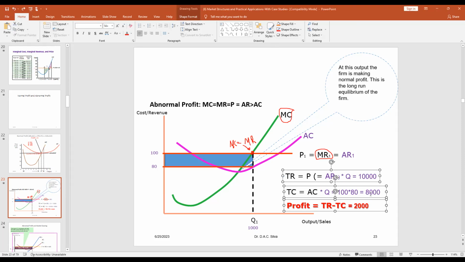This is what we call 100,000. Should be another 0. Sorry, we can increase. This should be another 0, right? Then we have a 20,000 profit. So 20,000 profit. This is how we calculate the profit.